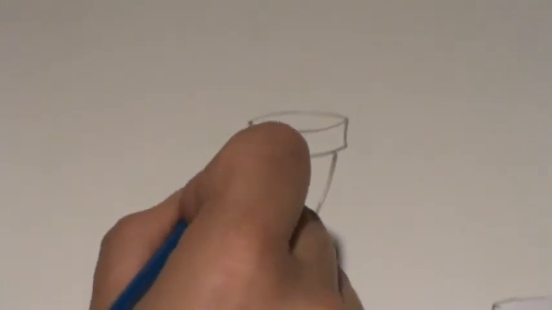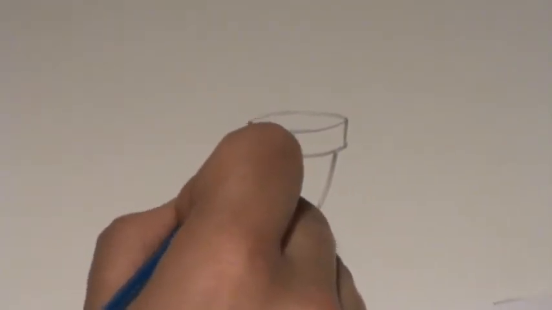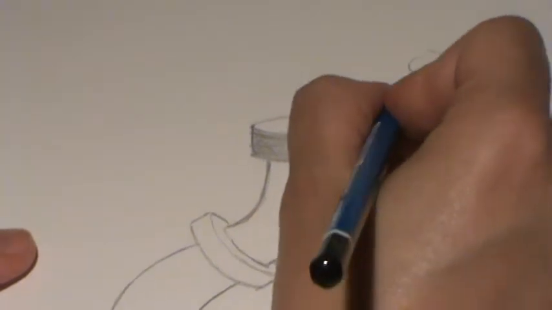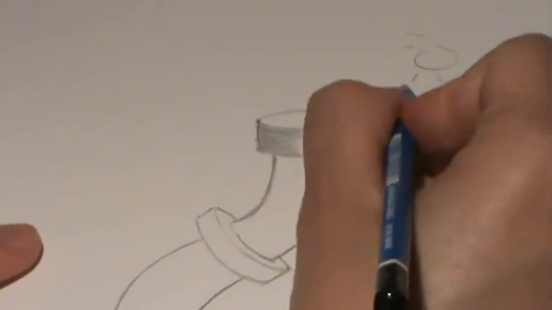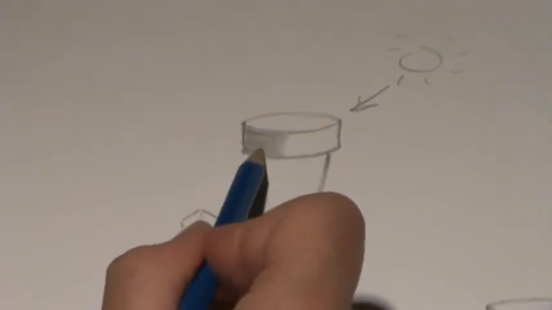So if I have this left side of the side of my cylinder shaded, that means that the light is coming from up over here, so that this side is light and this side is dark.